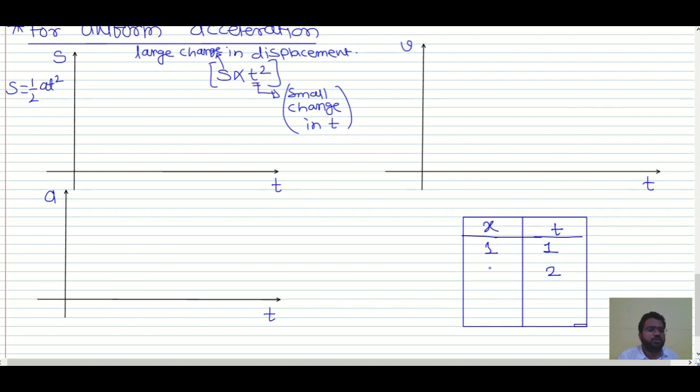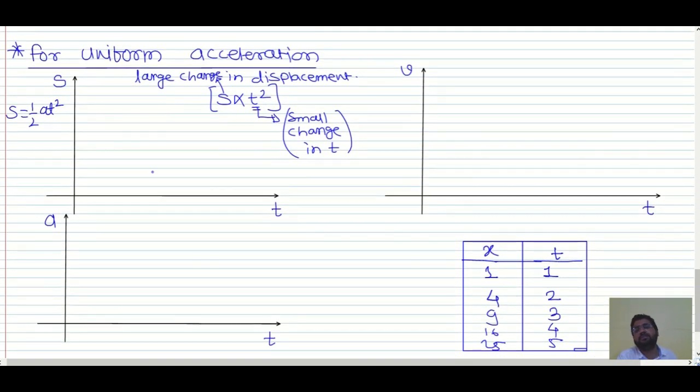If time is equal to 2 seconds, it will be 4. If time is 3, it will be 9. If time is 4, it is 16. If time is 5, we have 25. Means a small change from 4 to 5 gives a large change of 9 in x. Here 7, here 5. Likewise, a small change in t produces a large change in x, which indicates the graph is parabolic.